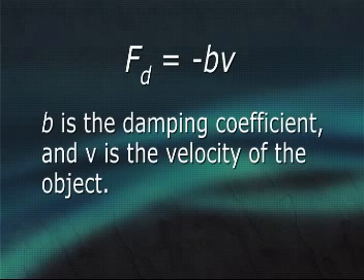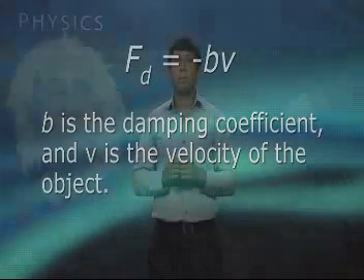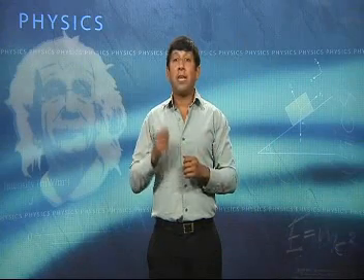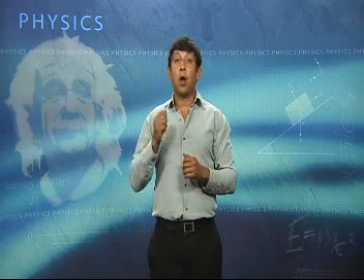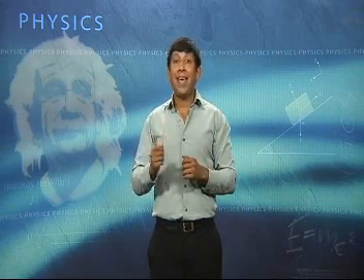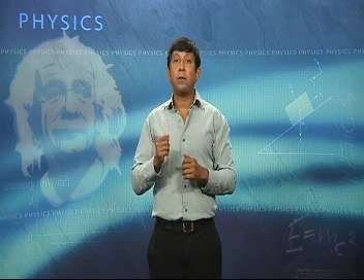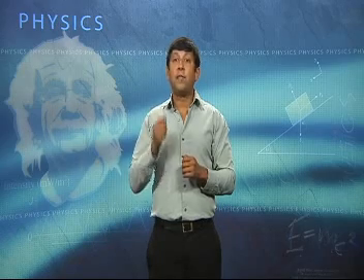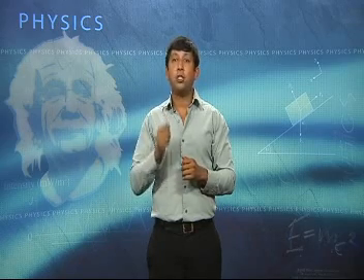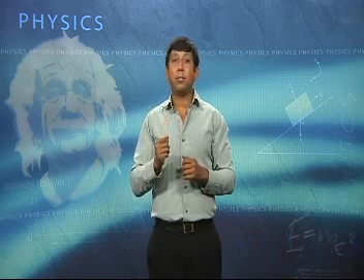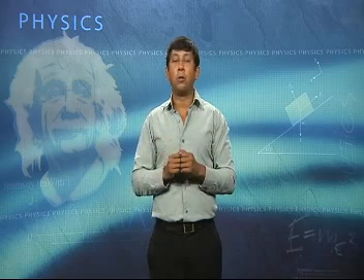Both values are dependent on the medium providing the damping force. Although the amplitude of an oscillation will decay exponentially, it is important to note that the period of the oscillation does not change as the amplitude gets smaller.